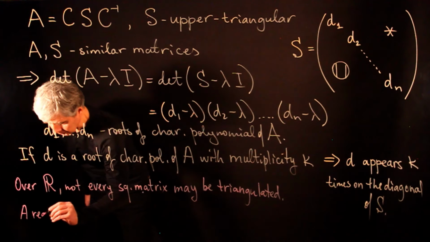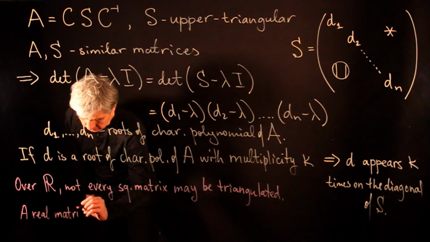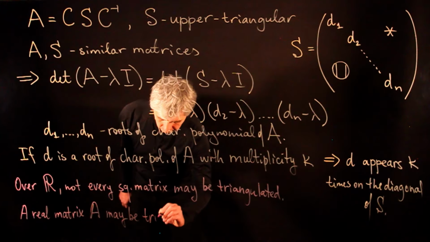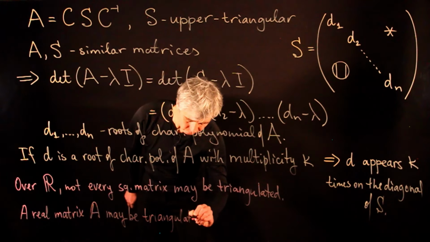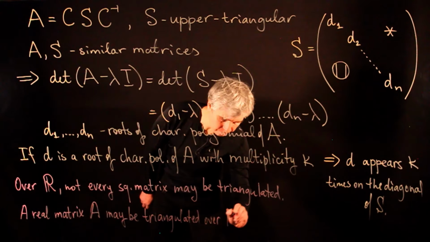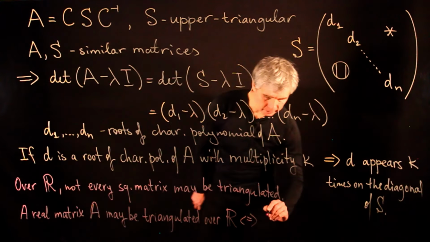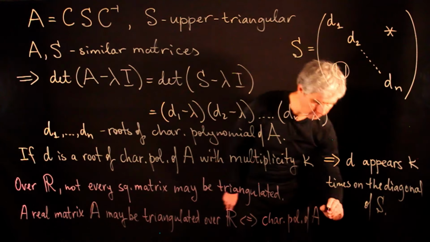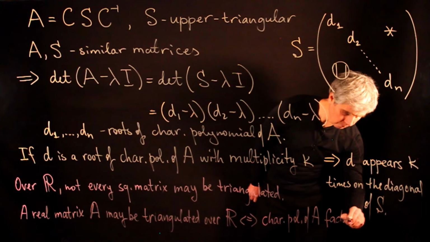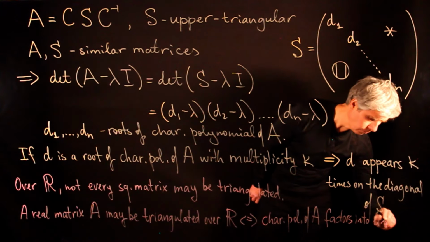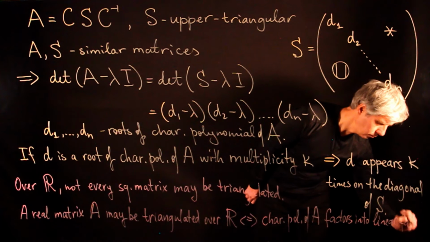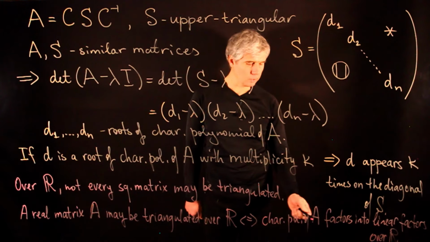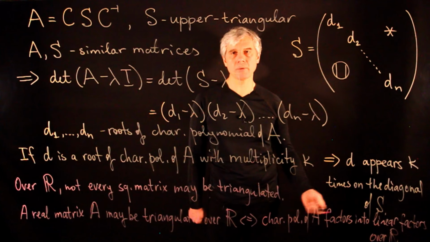A real matrix A may be triangulated over real numbers if and only if characteristic polynomial of A factors into linear factors over real numbers. So this is all we need in order to bring a matrix to a triangular form.